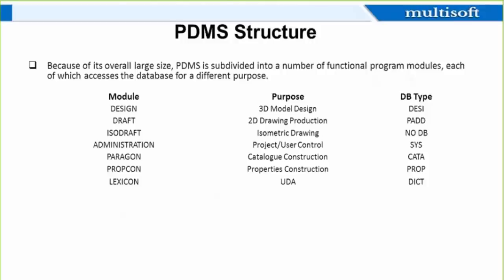For Paragon, the database type is CATA, and so on. So these databases are stored physically in a folder. In the PDMS project folder, these databases will be stored physically, and whatever work we do in PDMS will get saved in those databases in that folder. Now, the number of these databases depends on the size of the project. The bigger the project, the more databases there will be.